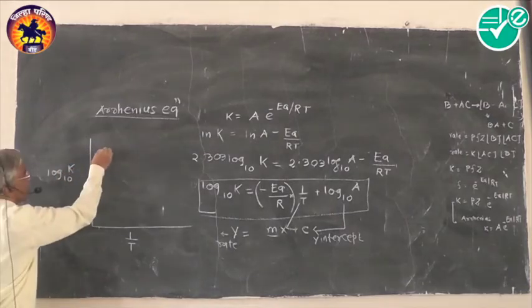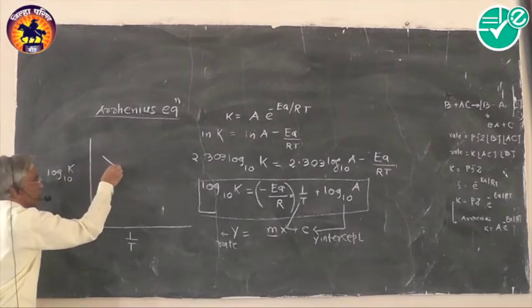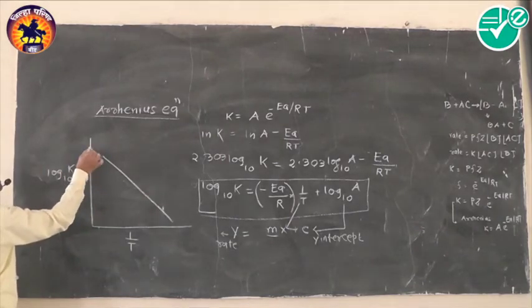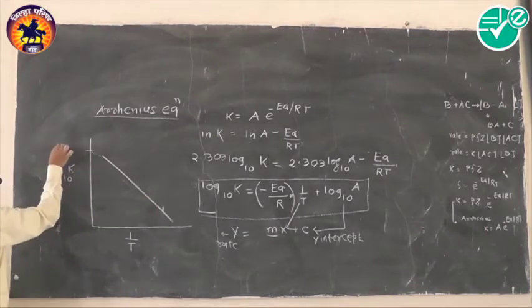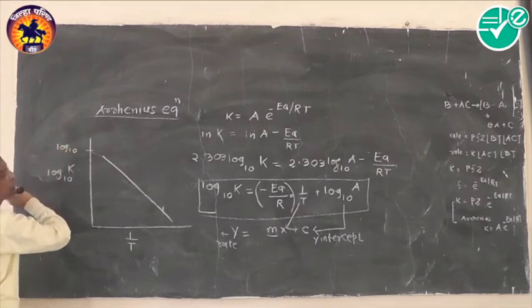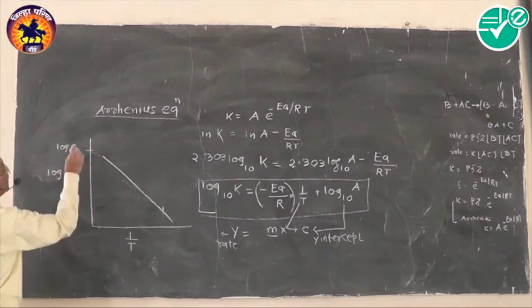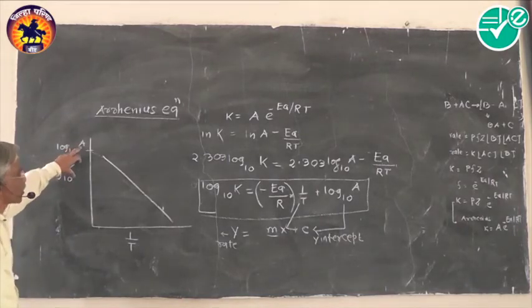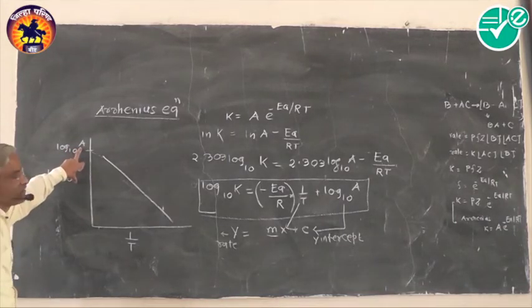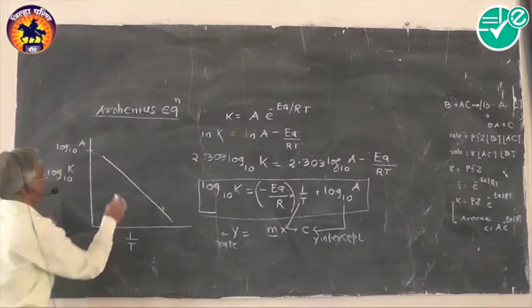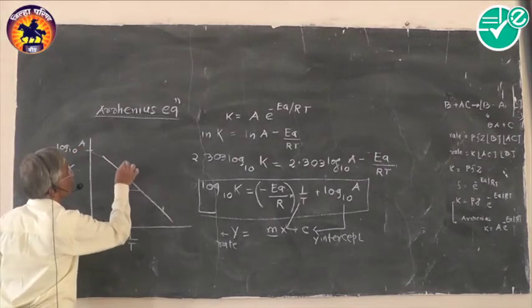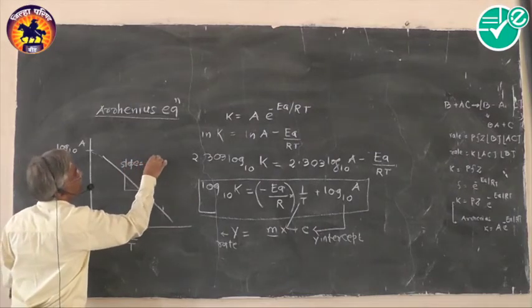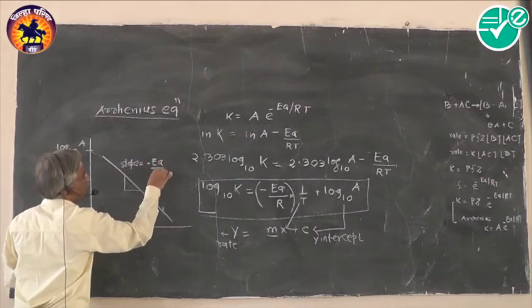We will have a straight line which intersects the y-axis. This intercept will give you the value of log to the base 10 A, which is the value of A. This constant is called the frequency factor. Now we can calculate the slope. The slope will be equal to minus EA upon 2.303 R.